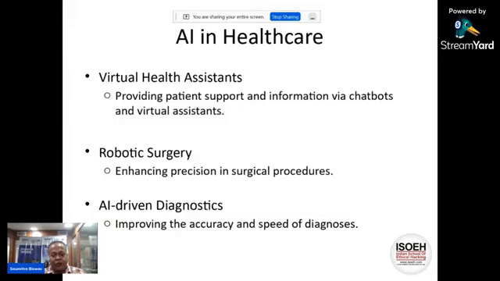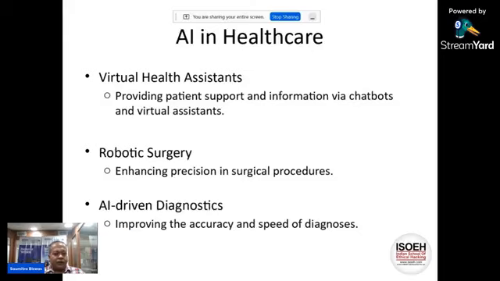Please, I'm going to stress the word augment, because it is not going to perform the surgery on its own. It is going to augment the human surgery, and it is being done. Believe me, we are going to see an example later in this presentation itself.